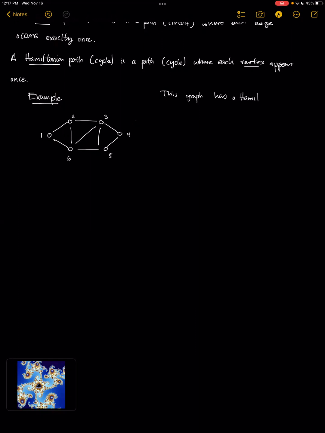Okay, so I'll start with this. Say that I have the following graph, just like this one. Immediately it becomes obvious that this graph has a Hamiltonian cycle.